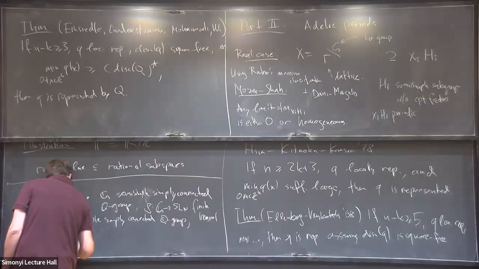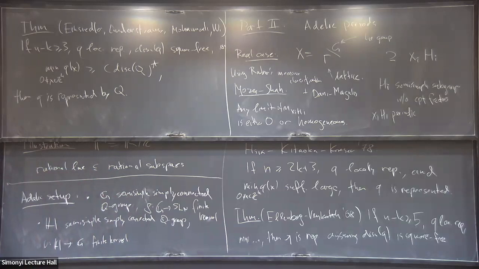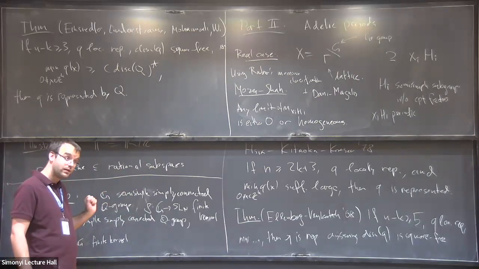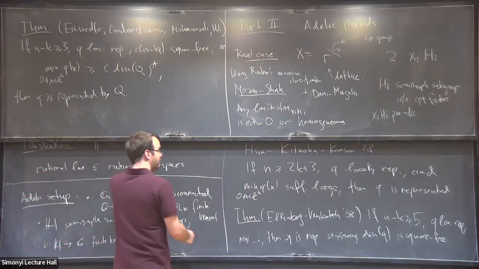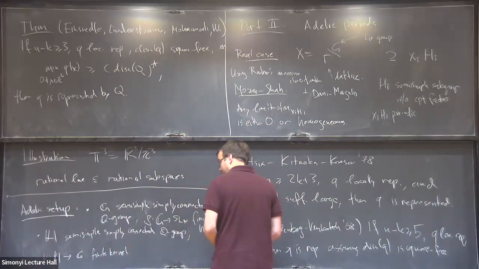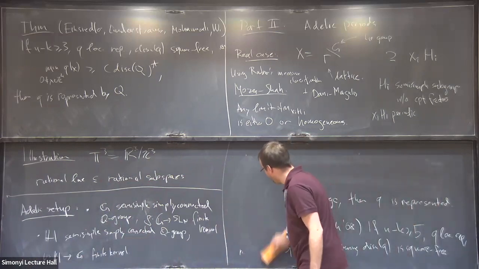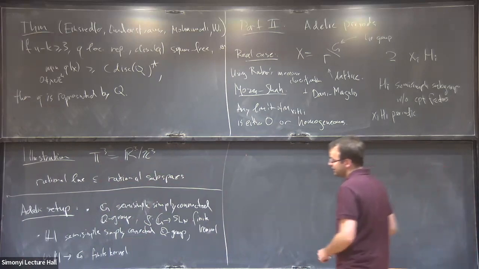H sits in some way inside G. So that's it, I have two groups. Basically, if you forget about those technical things, H is sitting inside G, which is sitting inside some SL_N.